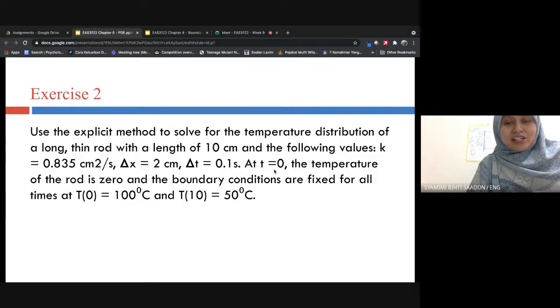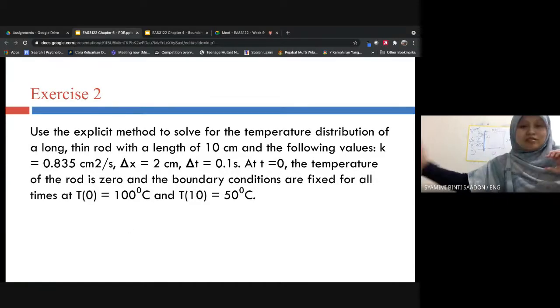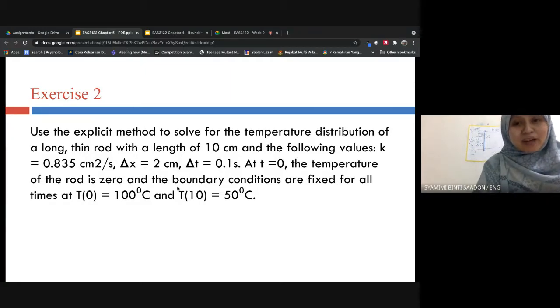At the initial point t0, the temperature of the rod is 0. So we assume at initial time 0, the rod is at 0 degrees Celsius, except for the boundary condition, which is fixed for all times at x0, 100 degrees. So this is the boundary condition, and at x10, the final point, T is 50 degrees Celsius.